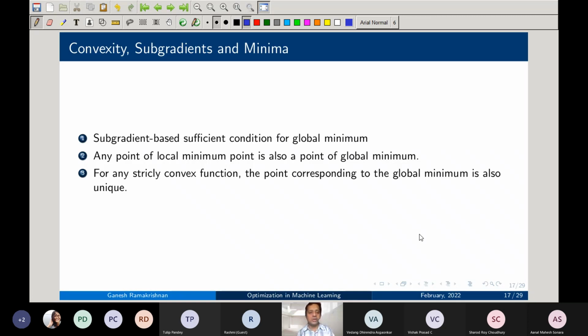Now, what is the relation of subgradients and global and local minima? So we'll quickly look at a subgradient based sufficient condition. We are not looking at gradients alone. We are looking at subgradients, the larger class. So we are kind of generalizing. We are starting with the most general statement.